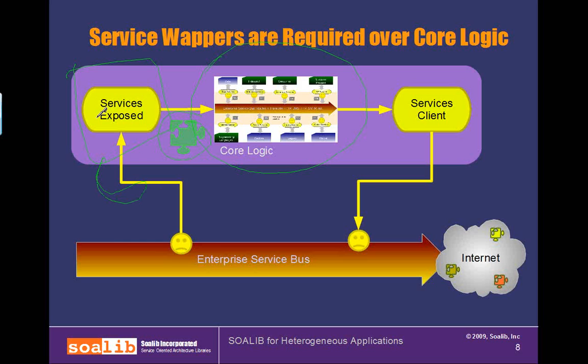The way we do it is using WSDL, and in the same way, if somebody wants to consume the service, they have to bind to the WSDL. And WSDL is one of the web services standards.